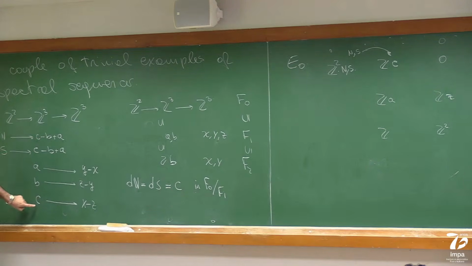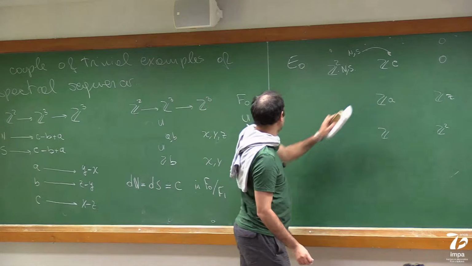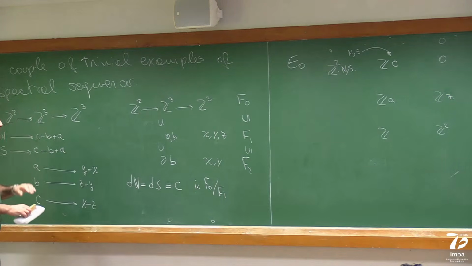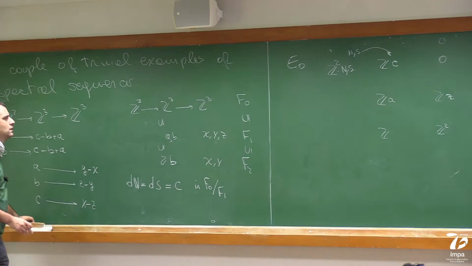Now let's look at the differential of the one chains. Okay? So we've already killed this C. And let's fix this filtration here. That looks right.